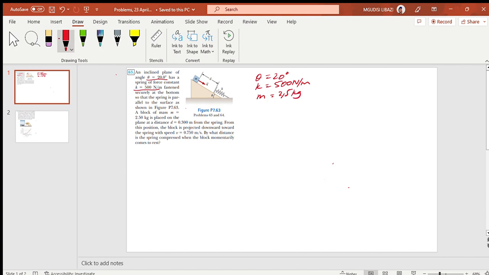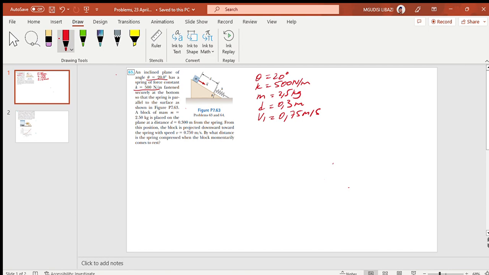Also they're giving us the distance d, which is equal to 0.3 meters, and the initial velocity, the velocity at which the box was projected, which is 0.75 meters per second. So we want to know by how much that spring will be compressed.